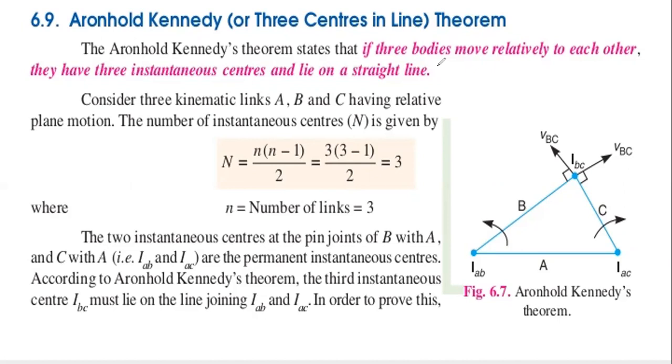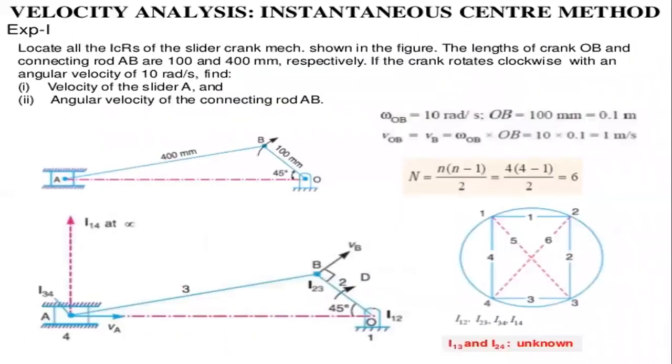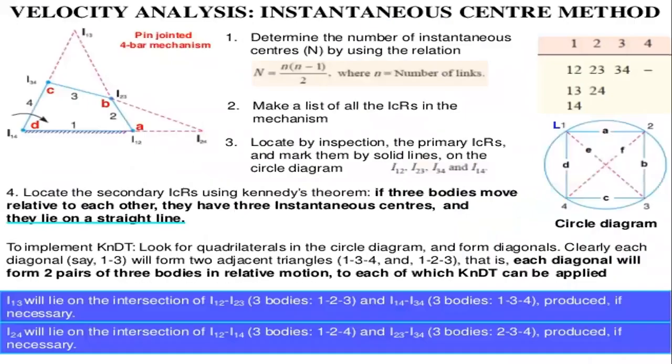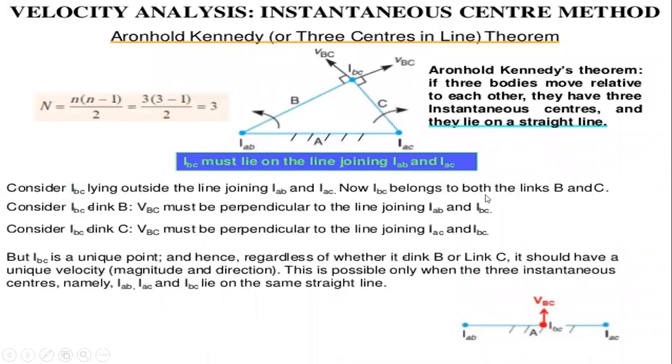In the earlier classes we have discussed Kennedy's line, in which we take the triangle. So the instantaneous center of BC must lie on the line joining IAB and IAC. On these two sides, link B and link C, we can move this position to either the left side or the right side.